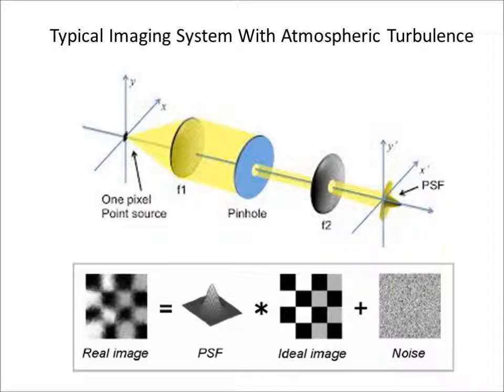In a typical diffraction-limited imaging system, the image of a point source is never really a point. Rather, it is an expanded or blurred spot in the image plane. The two-dimensional intensity pattern of this spot in the image plane is called the point spread function, or PSF.